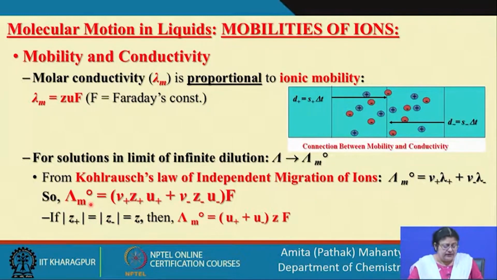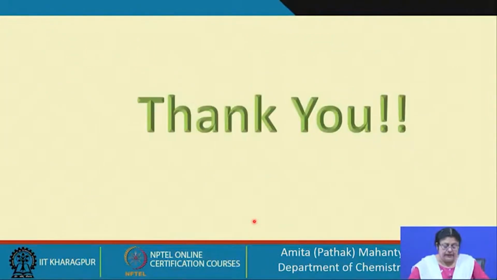The molar conductance at infinite dilution is nothing but nu Z U with a plus and a minus sign, multiplied by F. So, in a special case, if Z plus and Z minus are equal to Z, then this expression simplifies further to U plus plus U minus times ZF. Thank you.